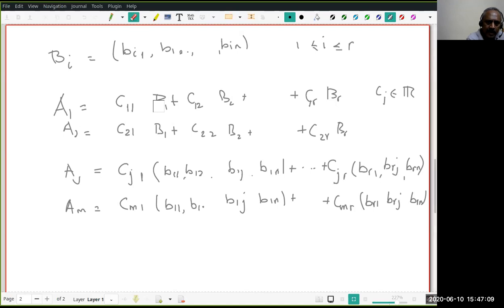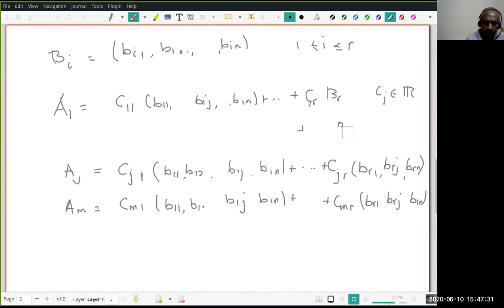I'll go back and rewrite this the same way so that it will be easier for us. Now let's look at what is a_1.